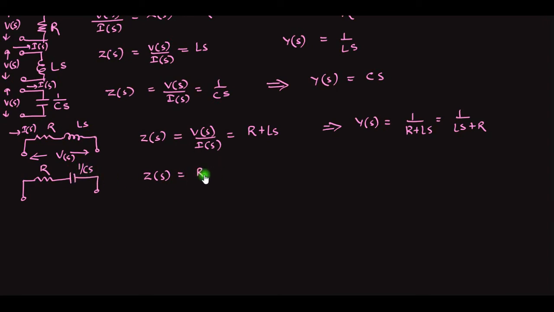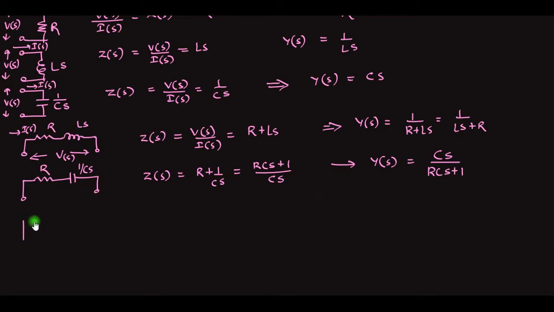So it will be R plus 1 by Cs. Solving it, I will get RCs plus 1 divided by Cs. Similarly, its driving point admittance Ys would be the reverse of this, that is Cs divided by RCs plus 1.